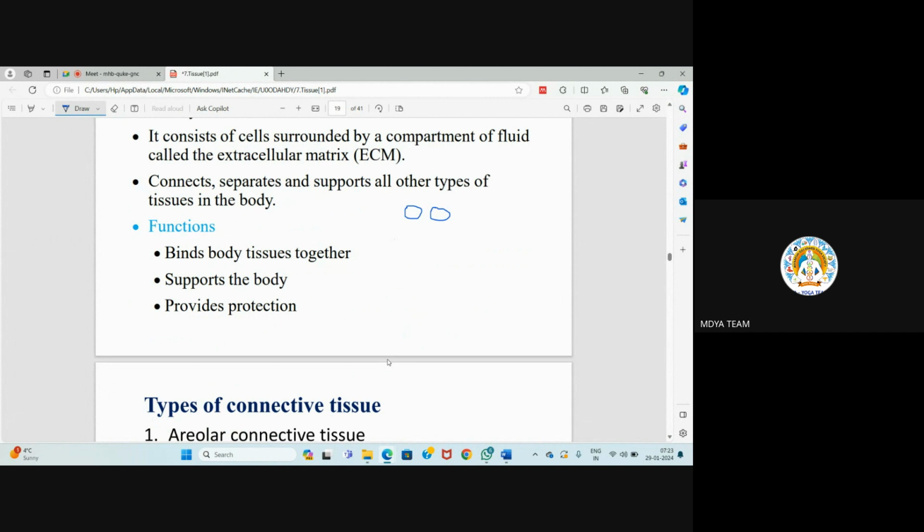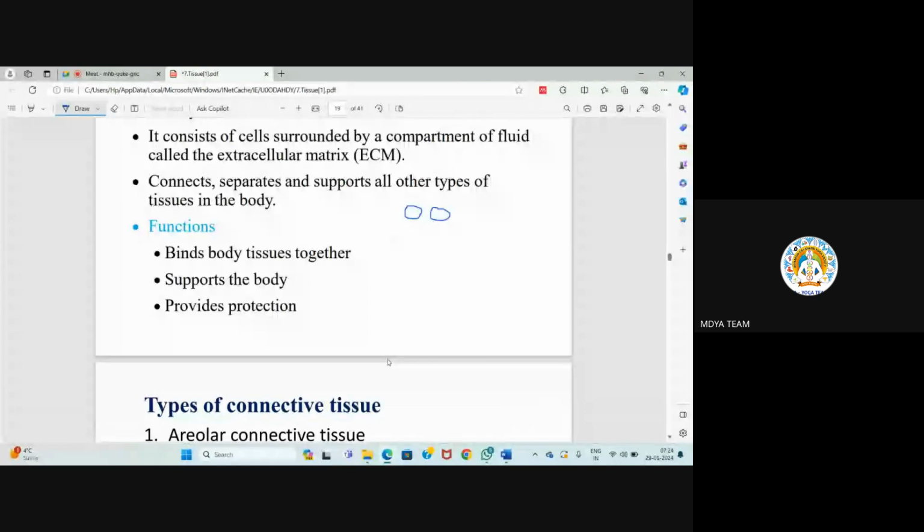Ligament is connecting bone to bone, tendon is connecting bone to muscle. So ligaments, tendons and other connective tissues are binding the tissues together and supporting the body. Obviously, if they do not bind, then it will not be supported. And it provides protection.